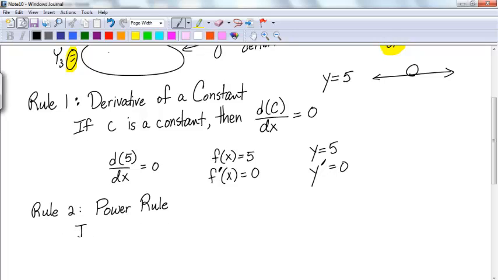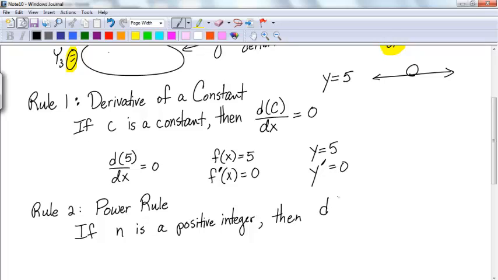Okay, and it says if n is a positive integer, then, here's how you read it.